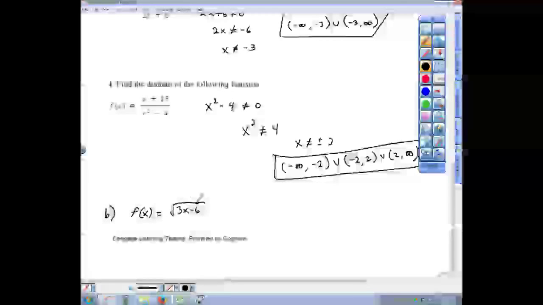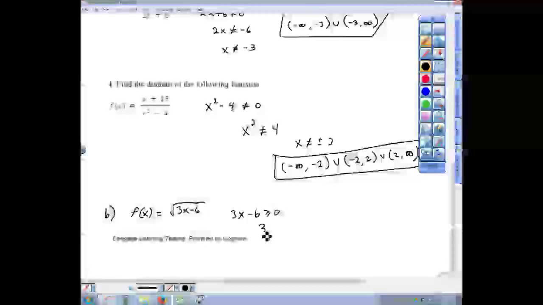Now with a square root function, you can square root 0. You just can't square root anything that's less than 0. So in order for the square root of 3x minus 6 to be defined, 3x minus 6 must be greater than or equal to 0. If it weren't, we couldn't take the square root of it. So this is a simple inequality to solve.